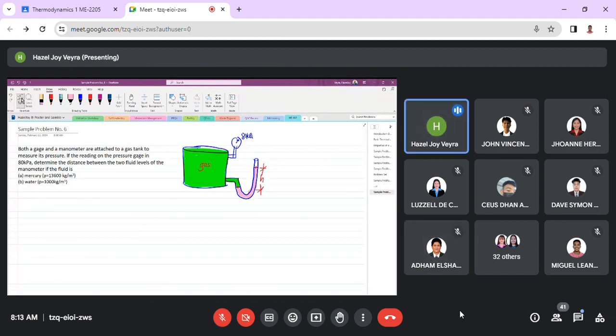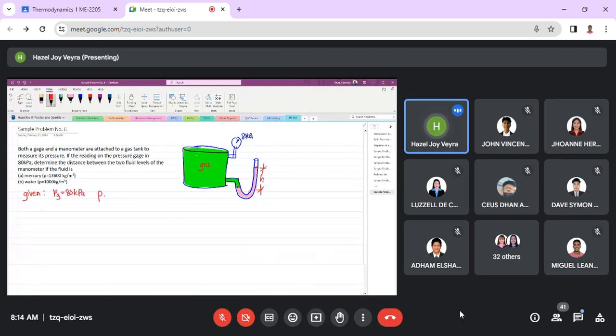So for this problem, let's first write the given facts or the given data. So we're given first the pressure P gauge is equal to 80 kilopascals.